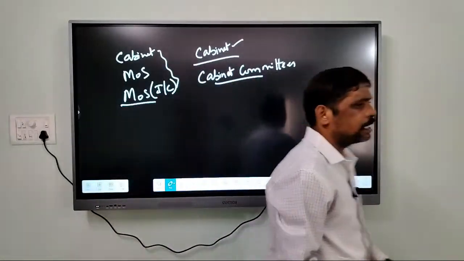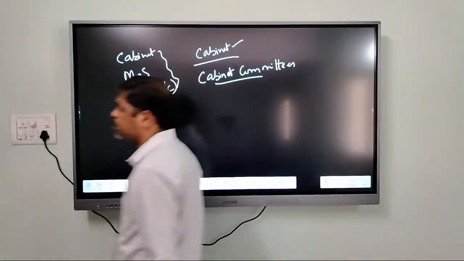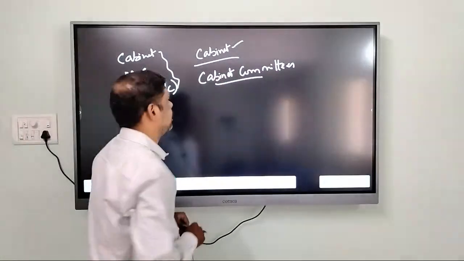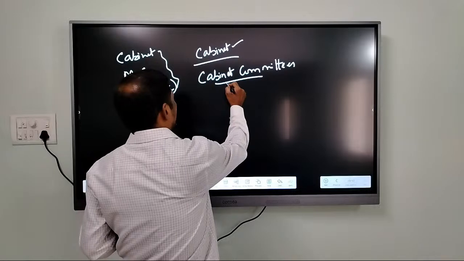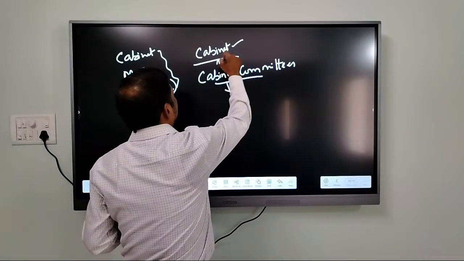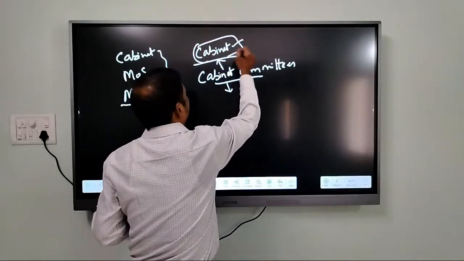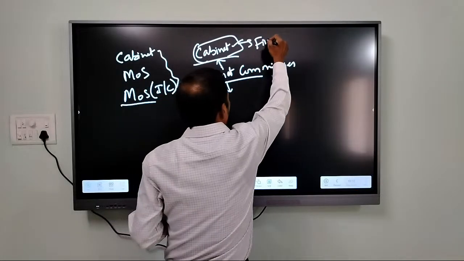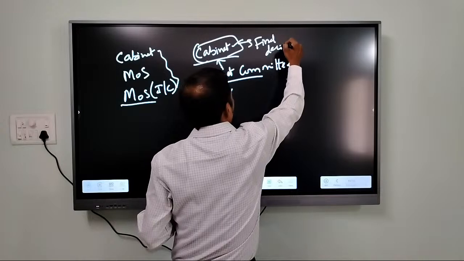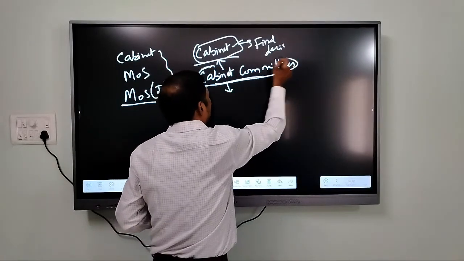So the prime minister is the chairperson. These cabinets are assisted by cabinet committees, and the final decisions are taken by the cabinet. Most of the decisions are taken in the cabinet committees.